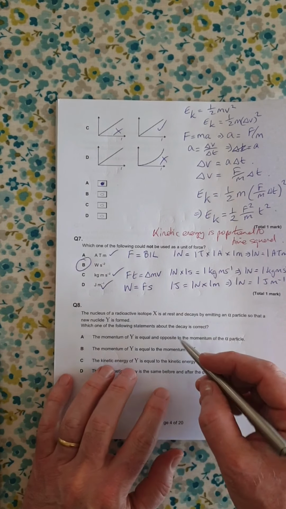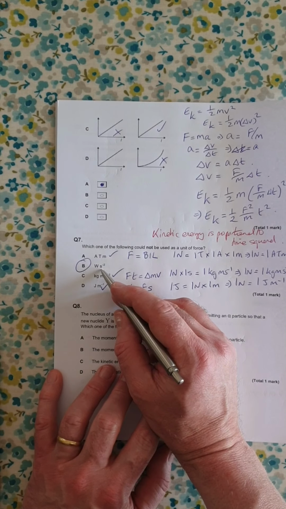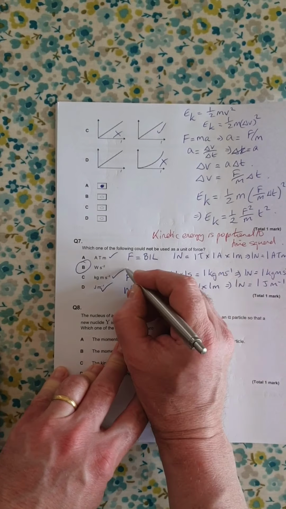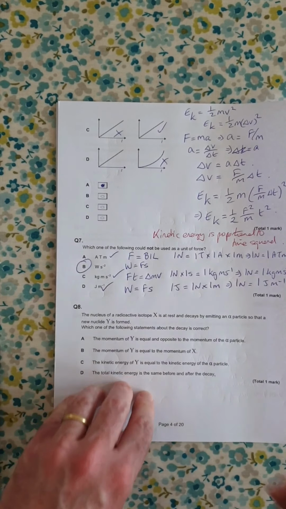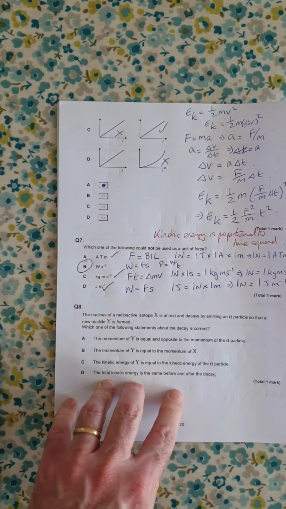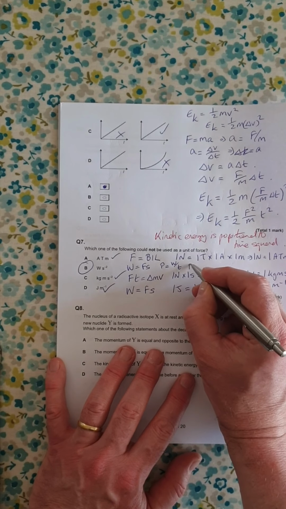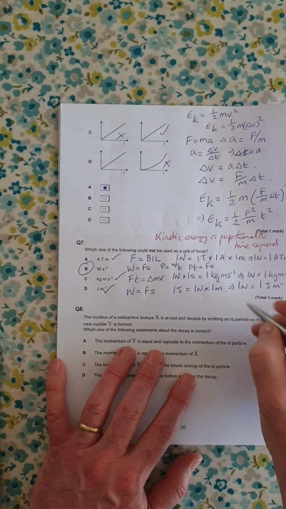Now, for this one, here we have power and time. How this relates is we have, once again, work done is equal to force times distance, and power is equal to work done over time. So power times time equals force times distance.